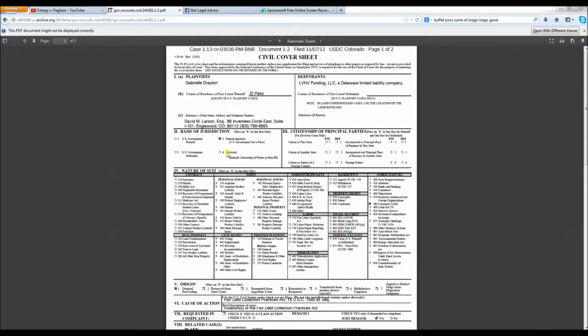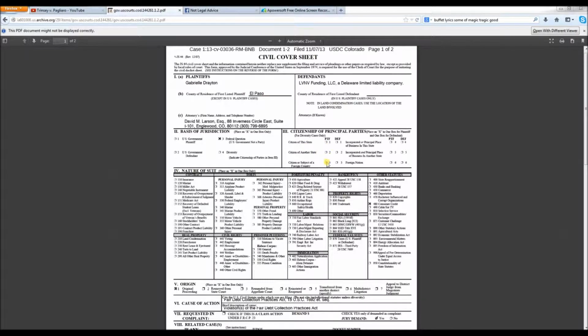Sometimes people put diversity. That's incorrect for FDCPA, FCRA, or TCPA, which is what we deal with. It's a federal question, so check that box. Then the citizenship. PTF means plaintiff, so you're a citizen of the state, click this state. This one isn't clicked, which is probably incorrect for the plaintiff, because this lady, Miss Drayton, lives in El Paso, so that should have been clicked.